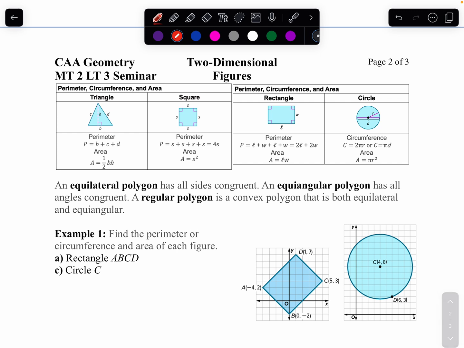Now, here are your formulas that I expect you to know. The area of a rectangle is length times width. A triangle is nothing more than half of a rectangle, so it's 1/2 base times height. A square is a rectangle where the length and width are the same, so we're going to say side squared.